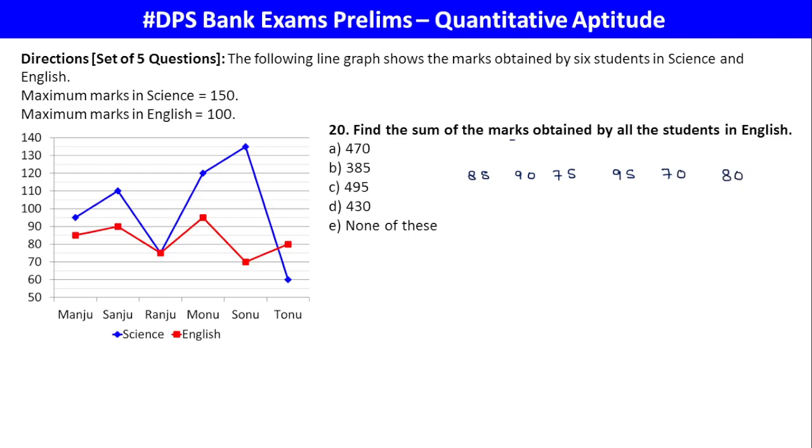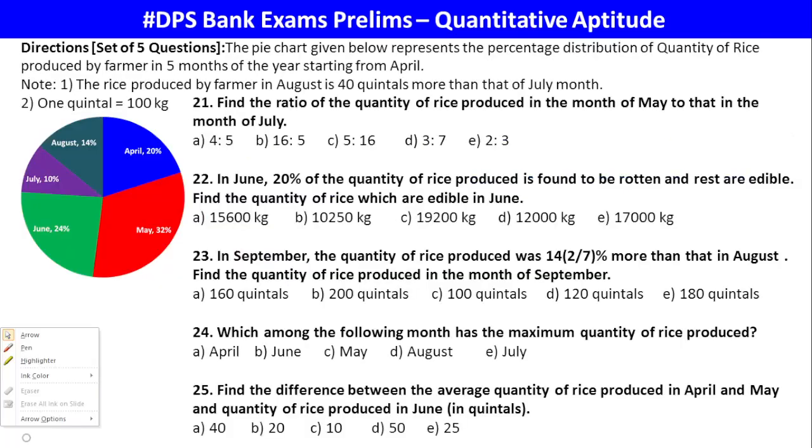Then 100, 170, 170 plus 160, which is 330, 330 plus 160, 330, 430, 490, 495. Option C is the final answer for this question. Done. Next one.